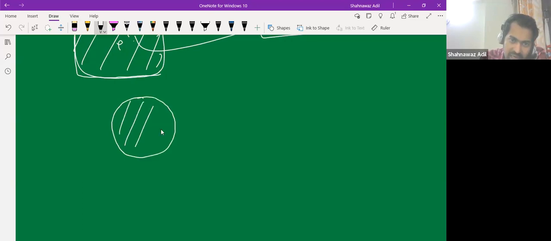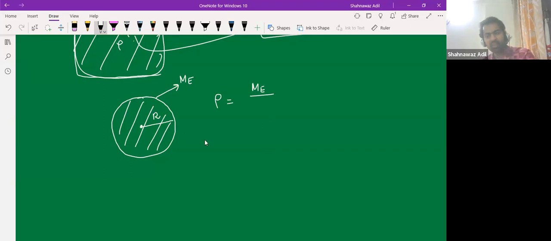Let's say this mass is the mass of the earth, and I want to calculate the density of this thing. Radius is r, right? So this rho, density, would be mass of the earth divided by the volume of this sphere. What is the volume of this sphere?